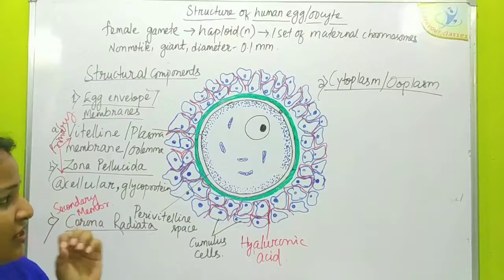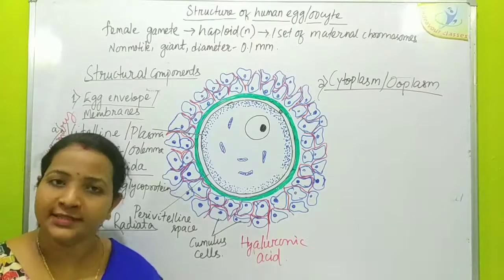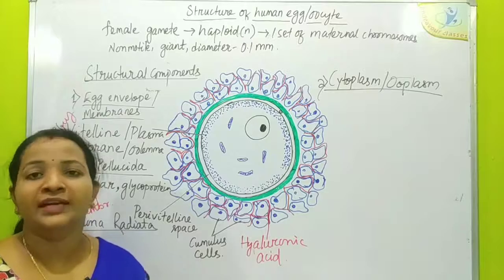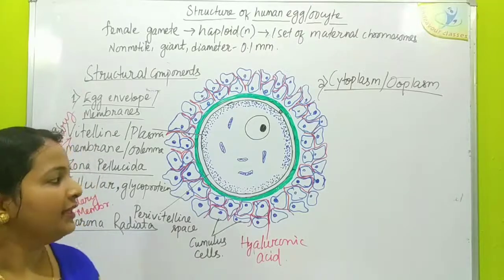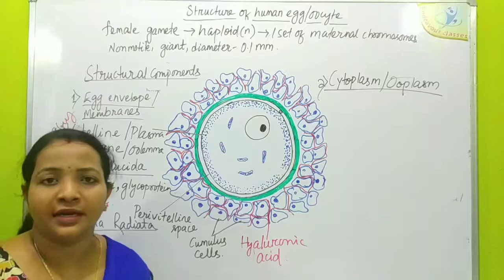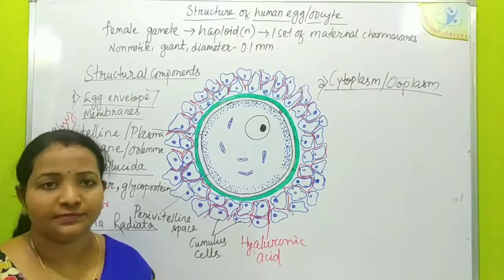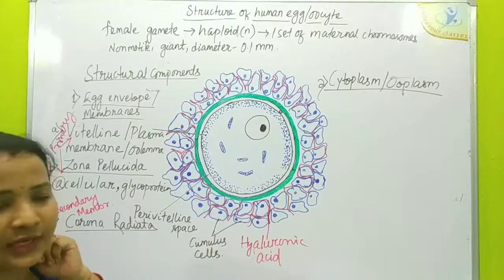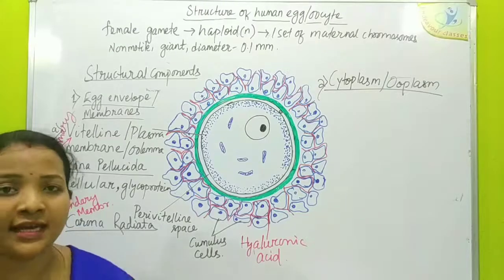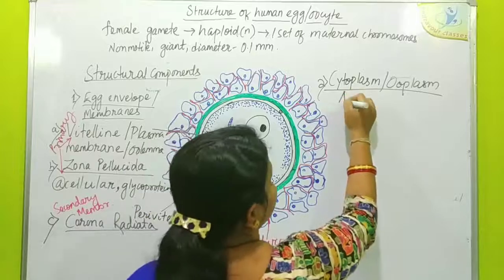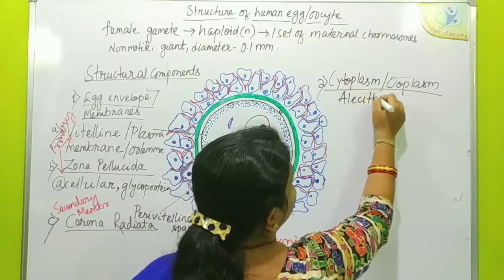In which type of eggs is yolk usually required? In oviparous organisms which lay eggs outside, the eggs should contain a sufficient amount of stored material to nourish their embryos. But in placental animals, usually the eggs are alecithal or microlecithal.